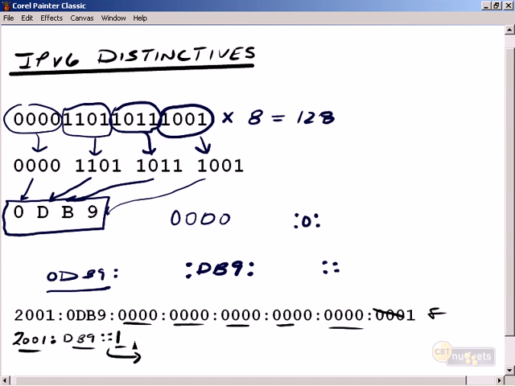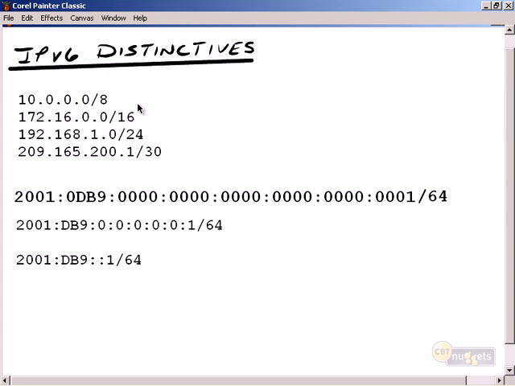Pretty cool, huh? Now, do most addresses have this many contiguous 0 segments in them? No, but that's the rules, and it's good to know the compression rules. Now, just like we can use this CIDR representation of the prefix to get a hierarchical IPv4 structure, for example, 10/8, 172.16/16, or down here, 209.165.200.1/30, we know that this prefix represents how many bits are on the network, right?